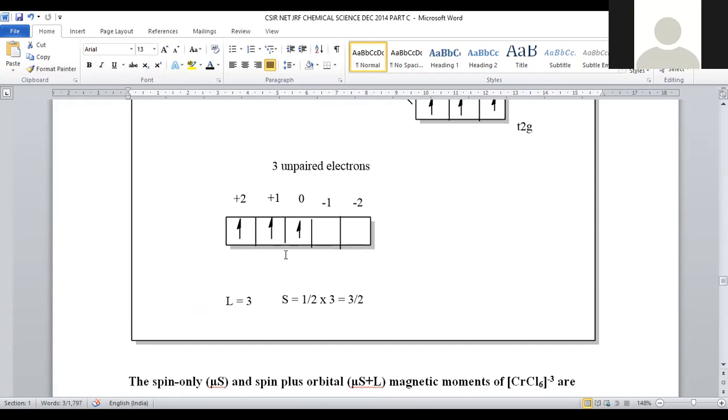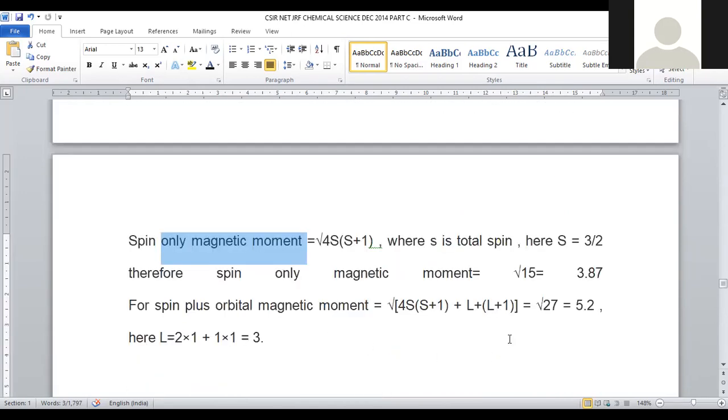The d orbitals are given with the magnetic quantum values plus 2, plus 1, 0, minus 1, minus 2. The electrons are residing in the plus 2, plus 1 and 0 levels. Now the L value will become plus 2 plus 1. The S value will be half into 3, that is 3 by 2. So the L value is calculated as 3.